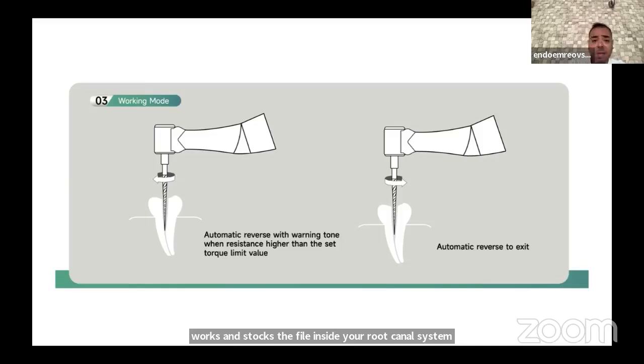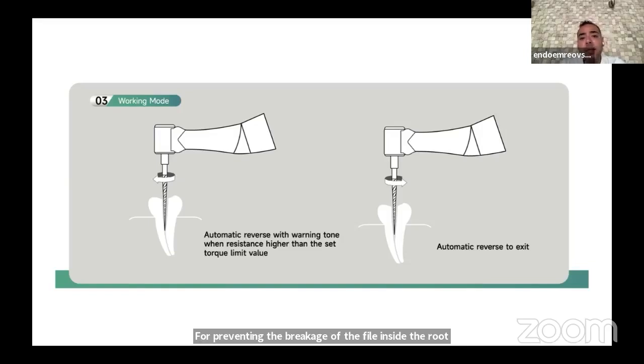And it's very important for preventing file breakage inside the root canal system. So when you pull the endomotor and it works with automatic reverse, the file leaves the root canal, so you can easily take action to prevent the breakage of the file inside the root canal system.